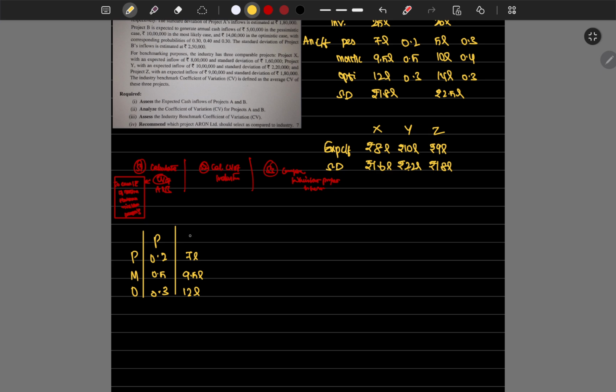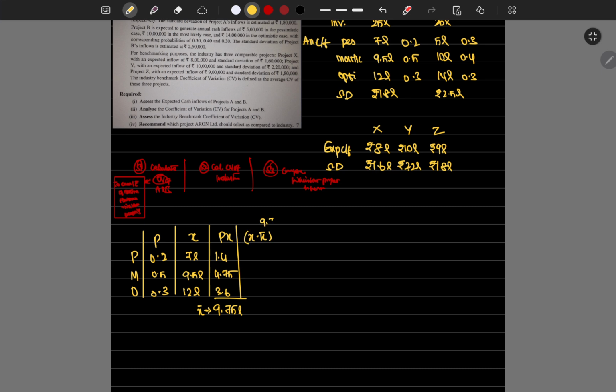This is the x factor, returns on a yearly basis. We have to find the expected return. So 0.2 into 7 is 1.4 lakh, 0.5 into 9.5 is 4.75, 0.3 into 12 is 3.6. 1.4 plus 4.75 plus 3.6 is 9.75 lakhs, which is the expected return.